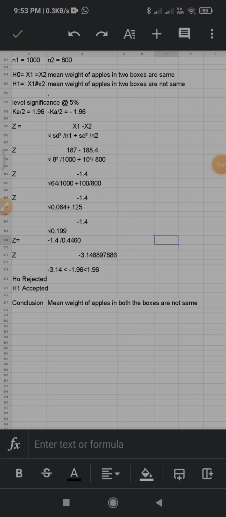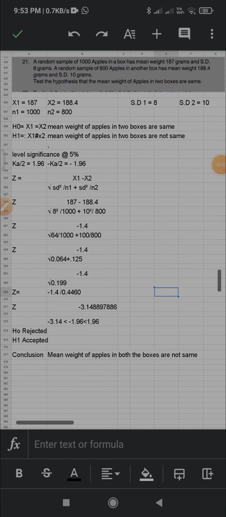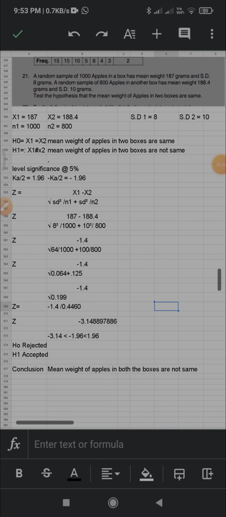So that's why you should write the conclusion: the mean weight of apples in both the boxes are not same. If you write this much, your question will be solved. But you need to solve it step by step.